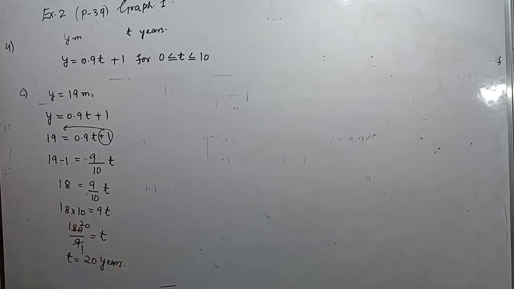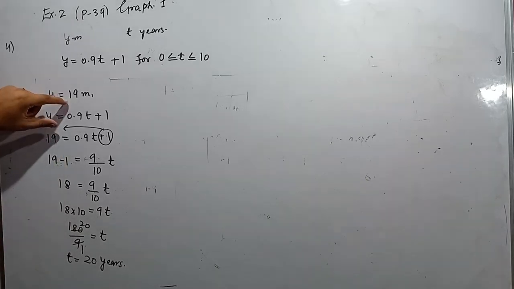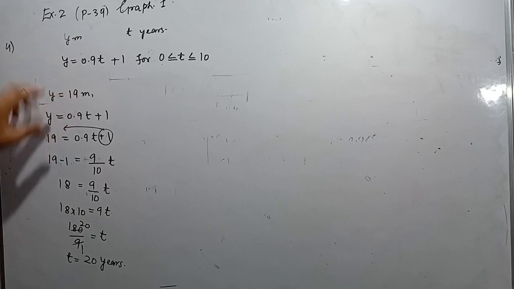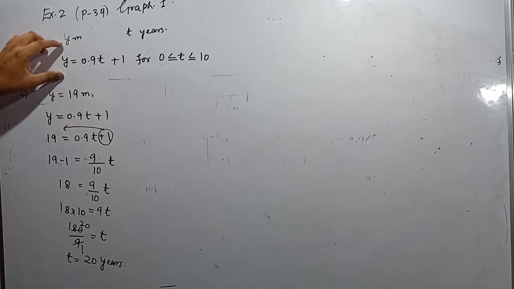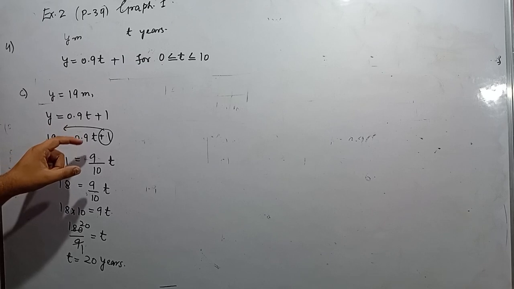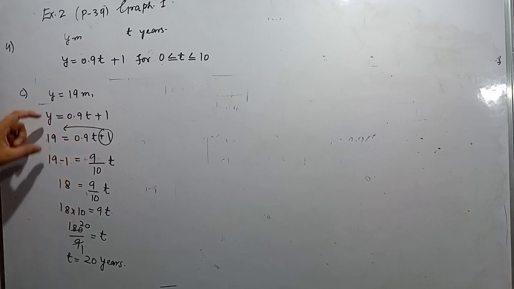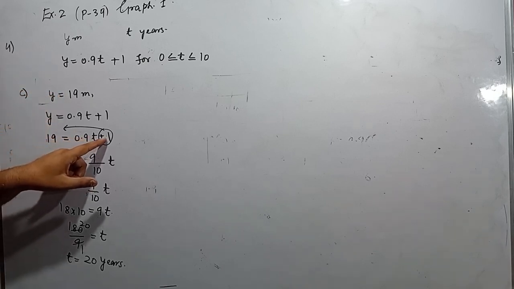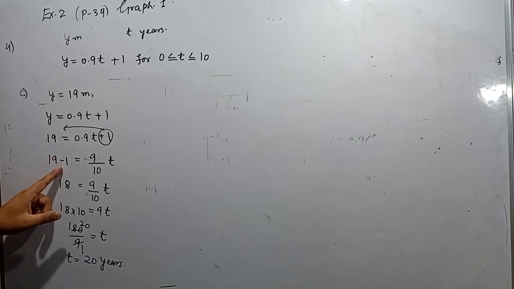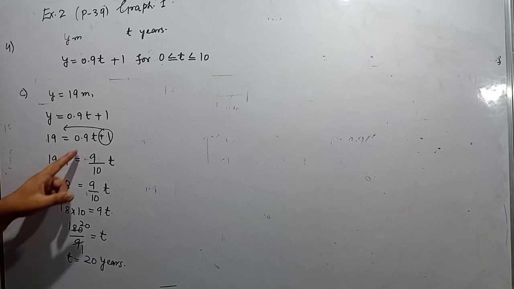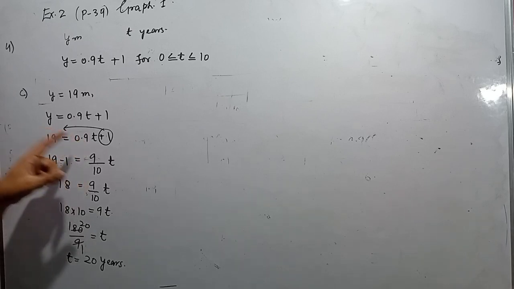You can see it was given that the height of the plant will be 19 meters. So I used the formula that was given in the question. Then what I did was the substitution. I placed the value of y, 19, in the equation. Then I did transposition, plus 1 I transposed here, it will become minus 1. Then 19 minus 1, and 0.9 is the decimal number.